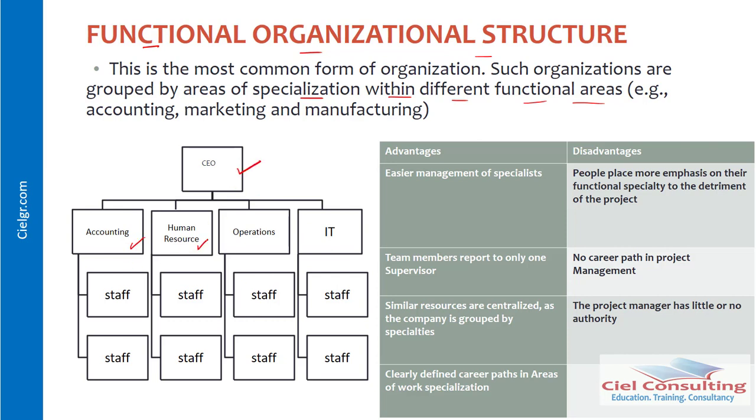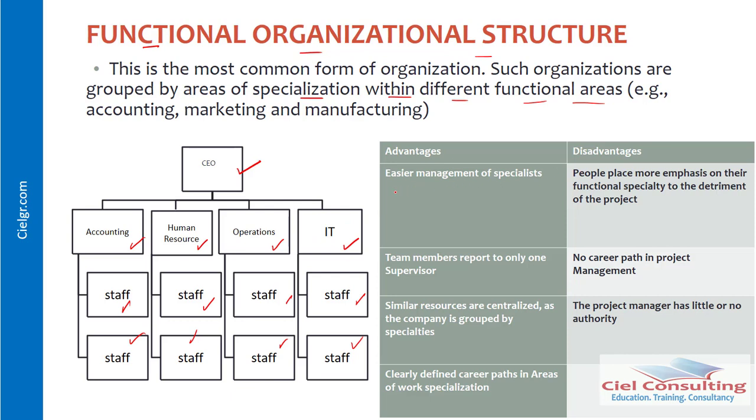Now, these are the various functional units you have within the organization, and everybody who works here is put within their area of specialization, and they work within one unit or the other. You can clearly see we do not have any department that is dedicated to projects, and we also don't have the project manager in this case, because the functional managers are typically the head of units within this organizational structure. So it has its own advantages as well as disadvantages.